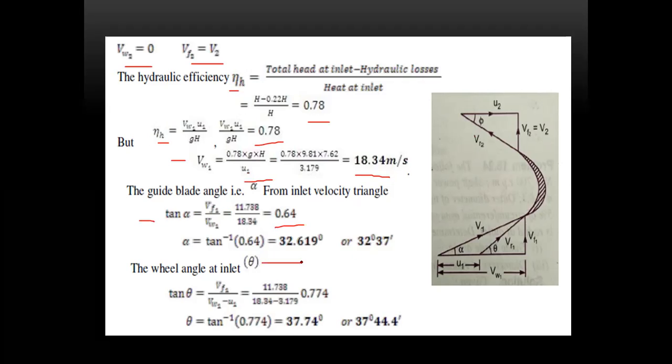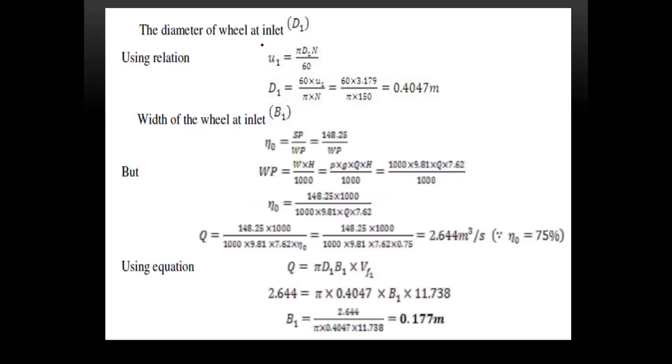Then the wheel angle at inlet, theta, is equal to this one. Now, theta is equal to 37 degrees 44.4 minutes. Now, the diameter of the wheel at the inlet D1, using this relation, U1 is equal to pi D1 N divided by 60.